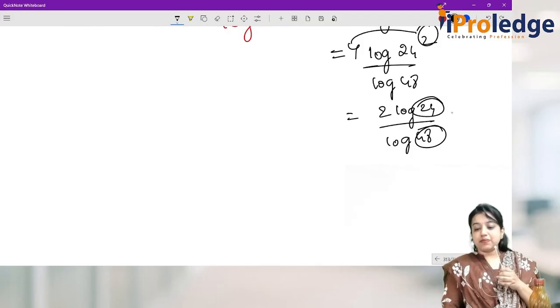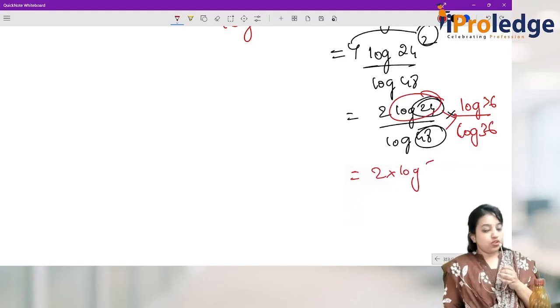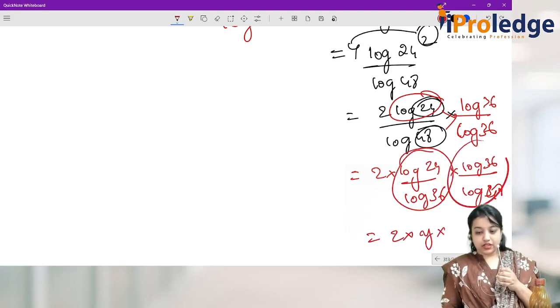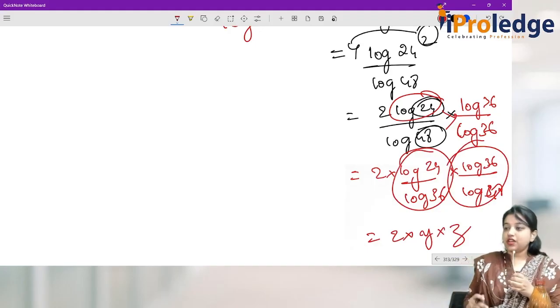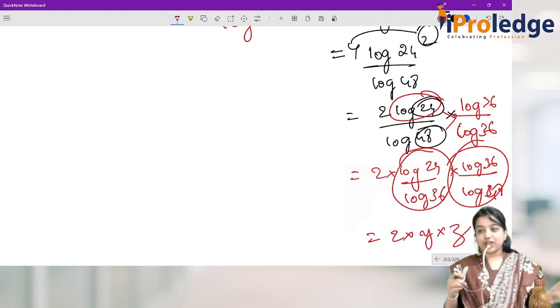So you can multiply log 36 in both. Then we get 2 into log 24 by log 36 into log 36 by log 48. This is y and this is z. If you did not understand, you will do it yourself. Don't worry.